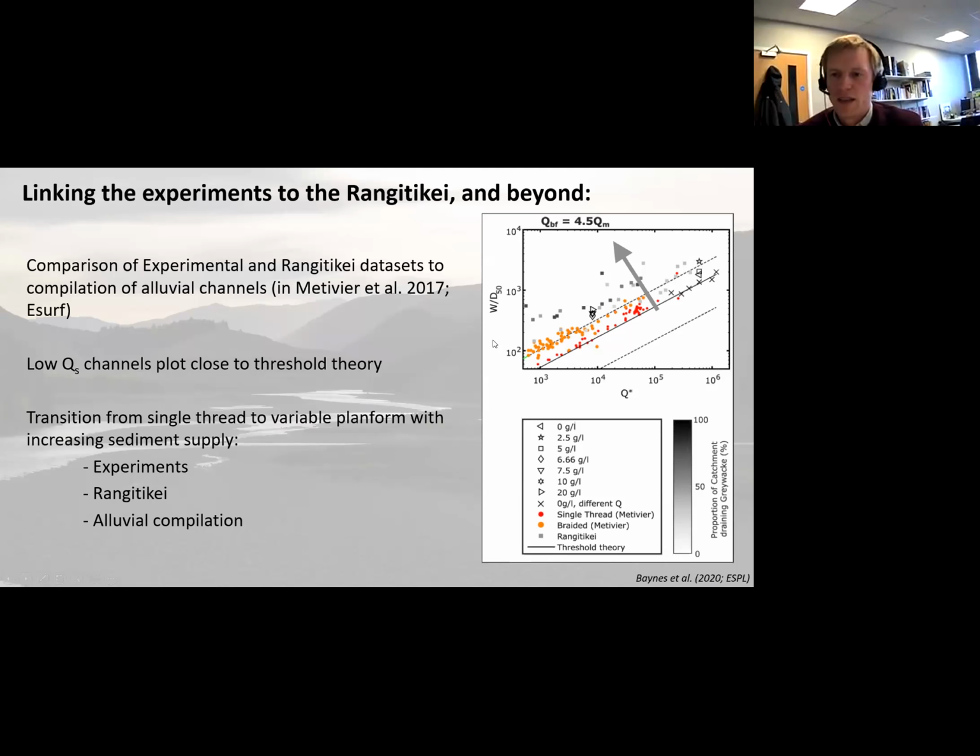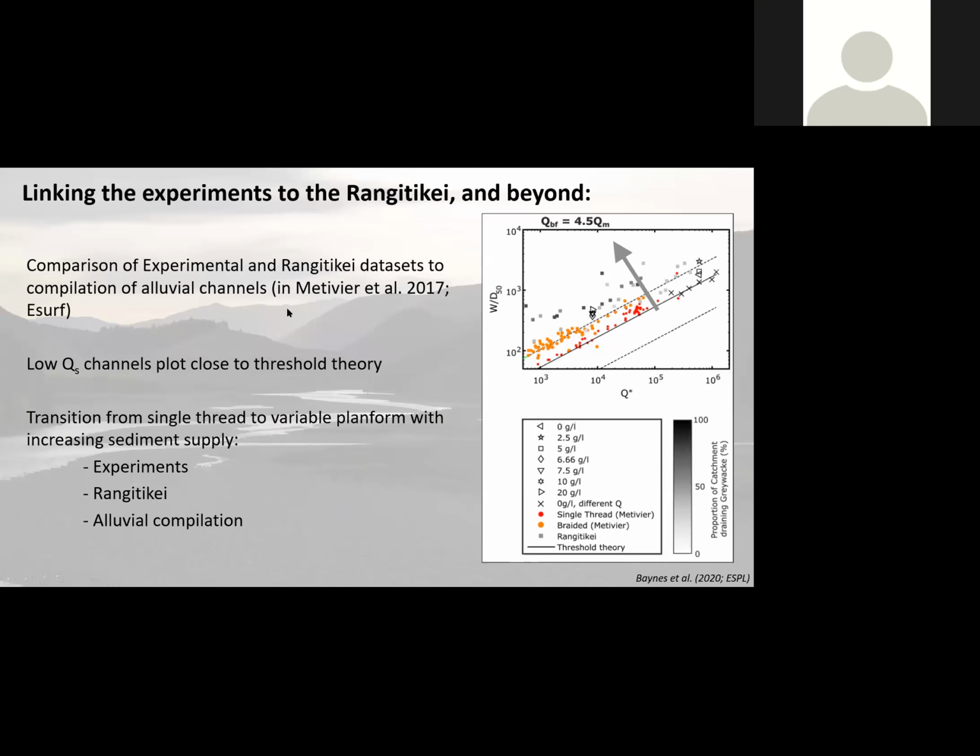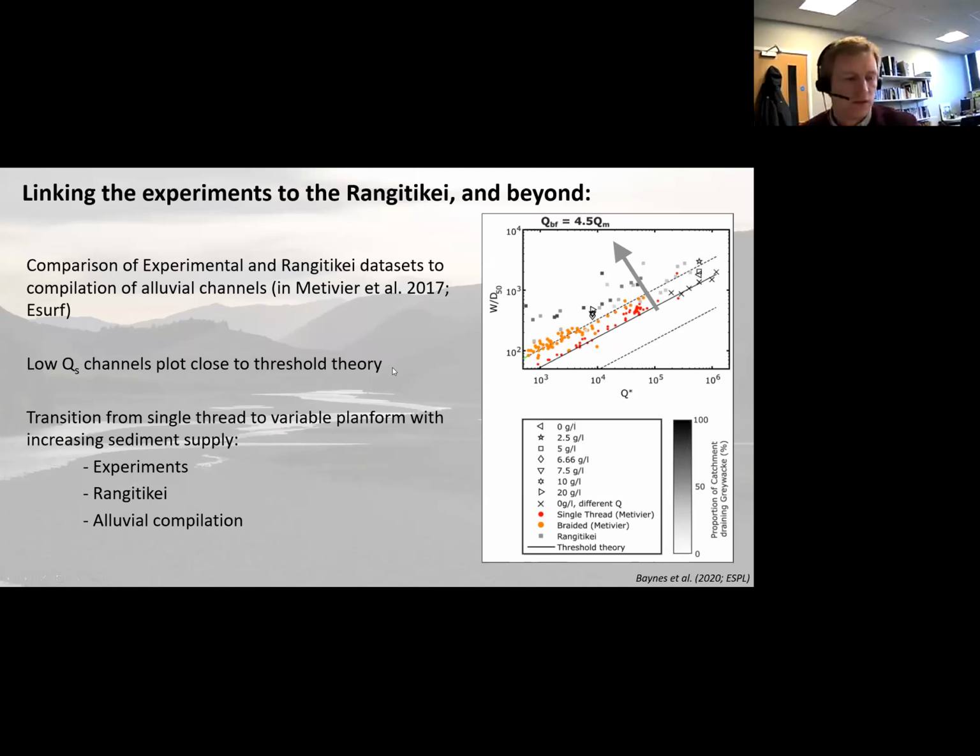So that's kind of interesting that the bedrock and the gravel rivers, both from the experiments and from the Rangitikei, appear to follow a similar behaviour to the compilation of the alluvial channels based on the Métivier data set. So that's kind of an interesting way, hopefully, of linking these things together.